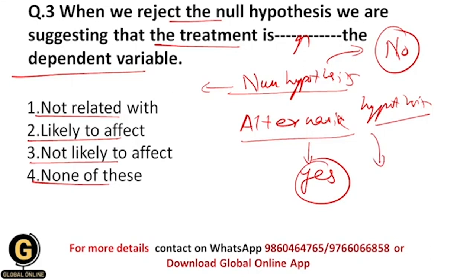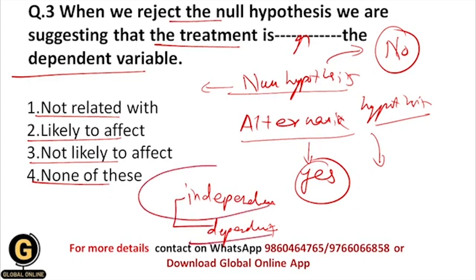So it means that the treatment is likely to affect the dependent variable. Whenever we study variables in the research process, there are two common types of variables, and those are independent variables and dependent variables. Whenever there is a relationship between these variables, obviously the independent variable is the cause variable, so it causes some effects in the dependent variable.